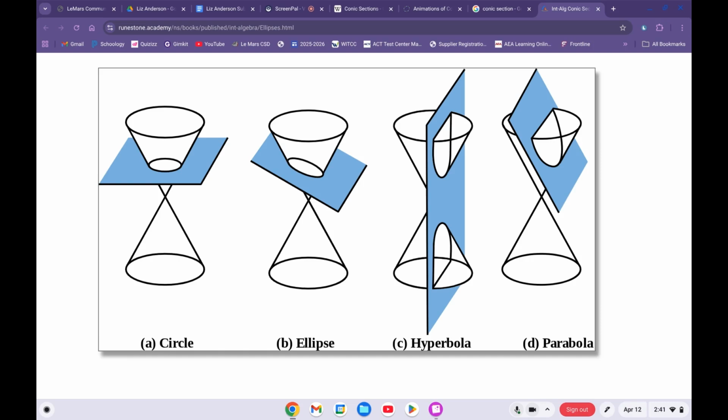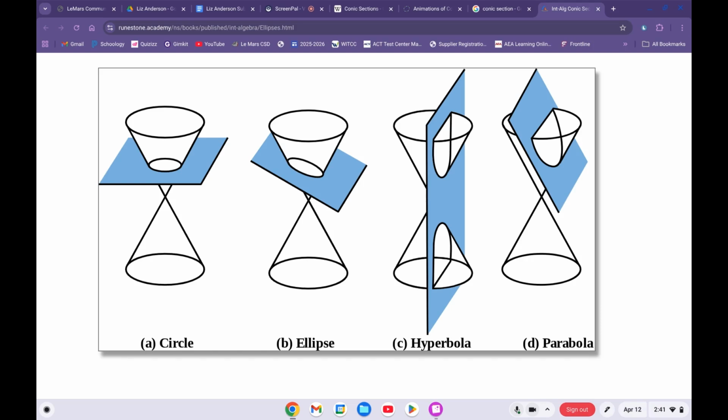A cone would just be like the bottom half here, but when you have two of them stacked, with the apex points where they come up and meet at that point, connected and reflecting the cone on the other side, this allows us to create conic sections when we slice this cone in different directions.